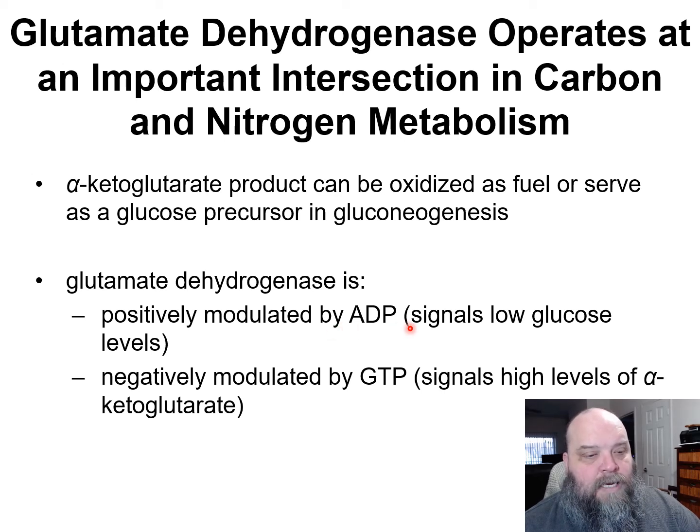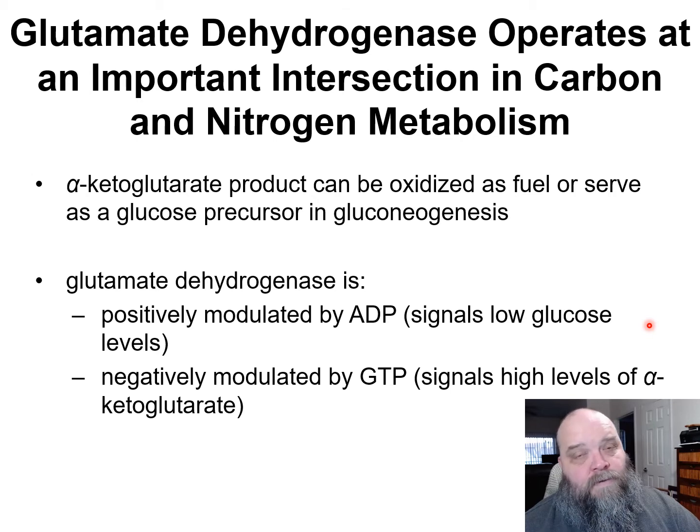The glutamate dehydrogenase is upregulated when ADP levels are high, which means our ATP levels are low. This also means that there's low glucose levels, meaning low sugars going into glycolysis, pyruvate going into the citric acid cycle. So you want to take all the alpha ketoglutarate and push it towards the citric acid cycle. GTP levels are high, means you've got enough pyruvate entering into the citric acid cycle.